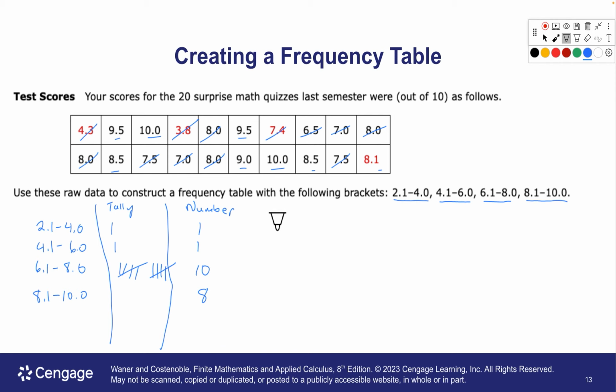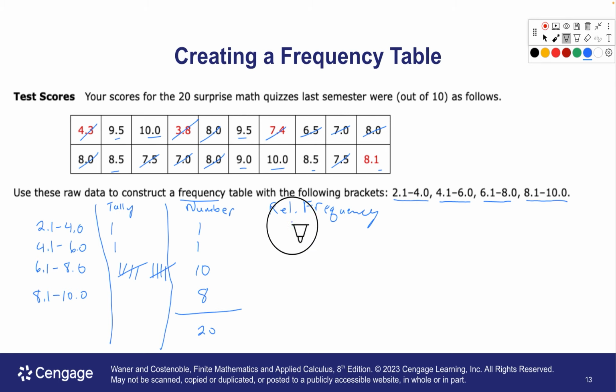Oftentimes we want to turn this into a relative frequency. So the number here is just the frequency. Relative frequency is writing it as a percentage. So this is 1, 10, 8, and 1, so that's 20. There's a total of 20.